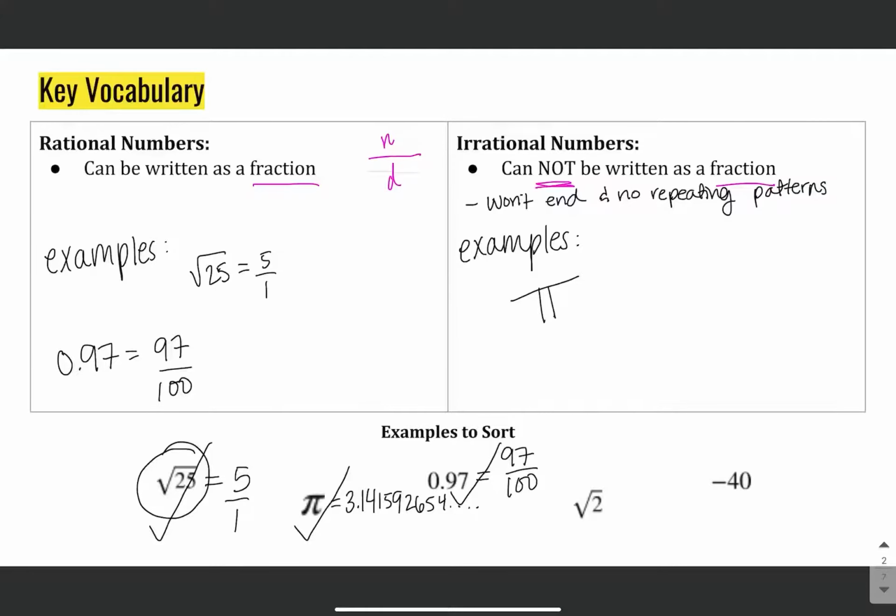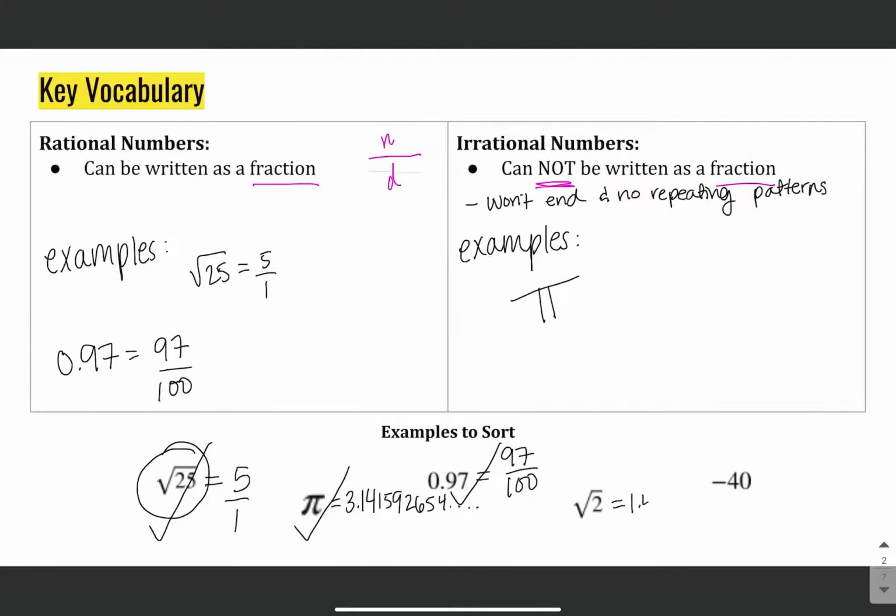All right, radical 2. If we think about it, what is the square root of 2? Well, it can't be 1 because 1 times 1 is 1. And it can't be 2 because 2 times 2 is 4. So we have to recognize that the square root of 2 is actually a decimal.